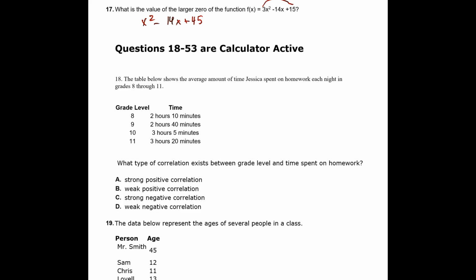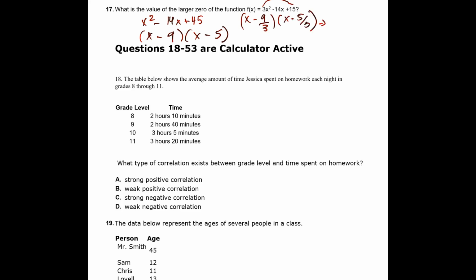All right, so we move that over there, and now we've factored this. This now becomes x minus 9, and then x minus 5. And what the majority of people do is forget to divide. So this now becomes x minus 9 over 3, because I slid that, and x minus 5 over 3.